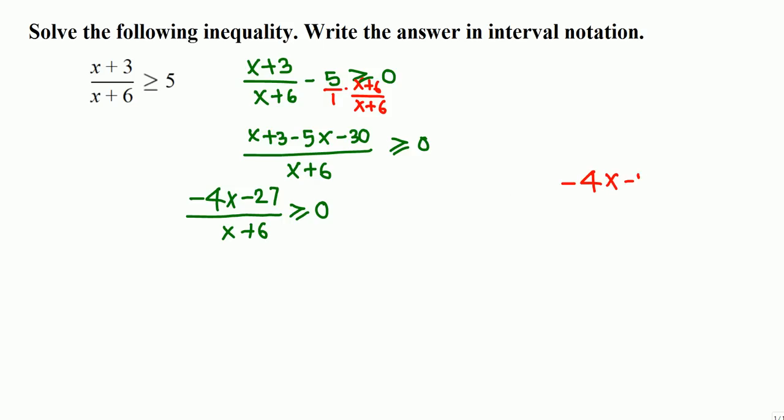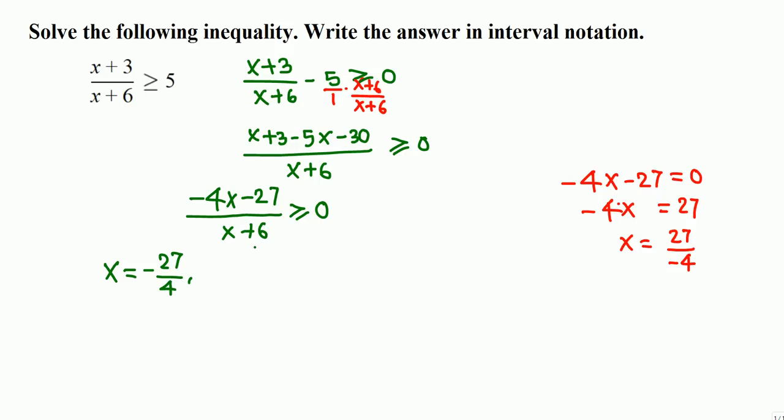Negative 4x minus 27 becomes 0 when we move 27 over: negative 4x equals 27. Now divide by negative 4, so x equals 27 over negative 4, that's negative 27 over 4.